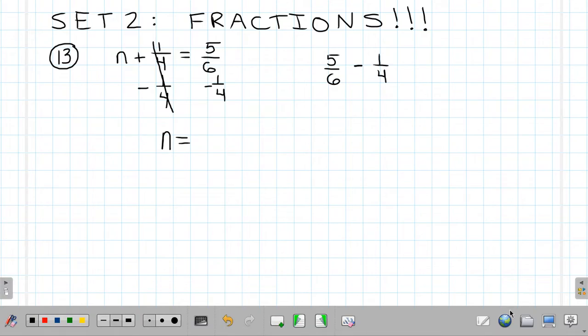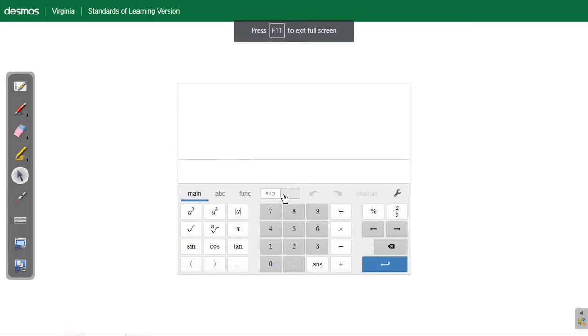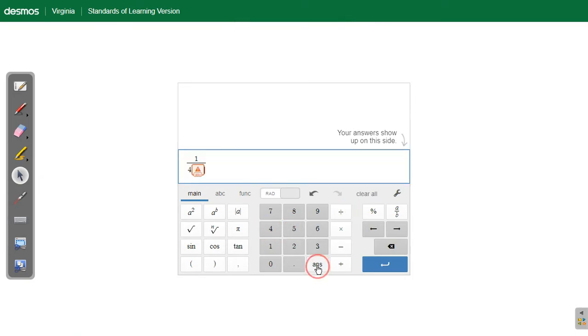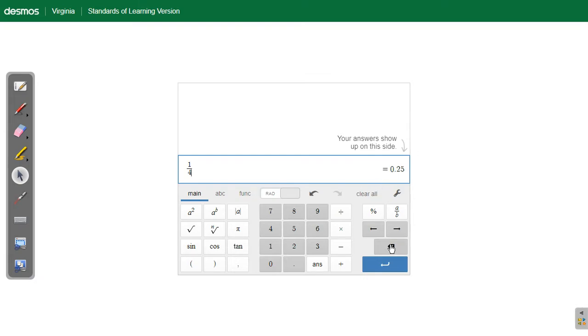If we go to the calculator and type in the fraction 1/4, that's no problem, because the answer is just 0.25. That's a very common fraction people probably know by this point. 1/4 is equal to 0.25. Where we run into issues is if you try to type in the fraction 5/6.